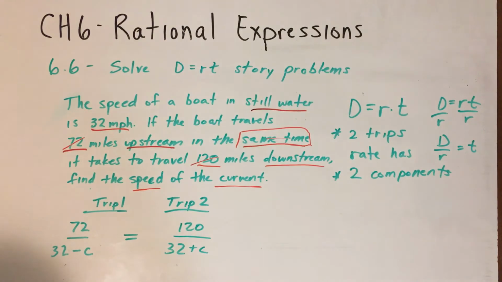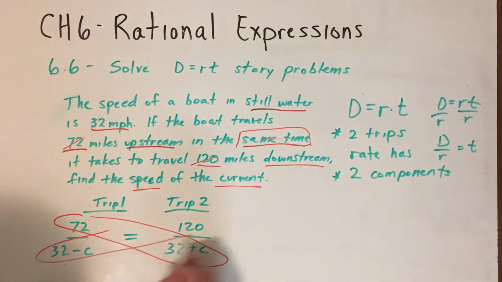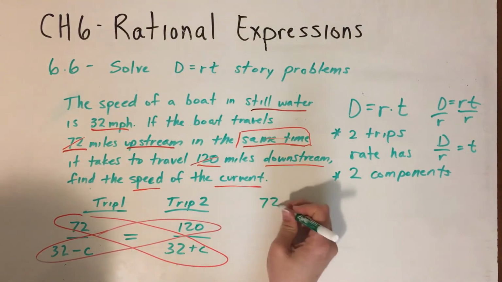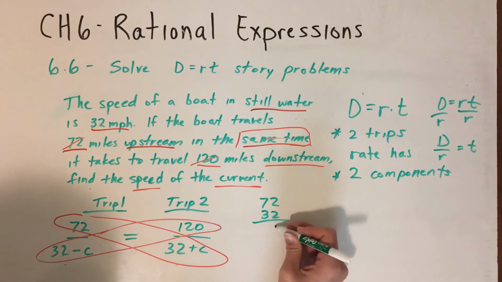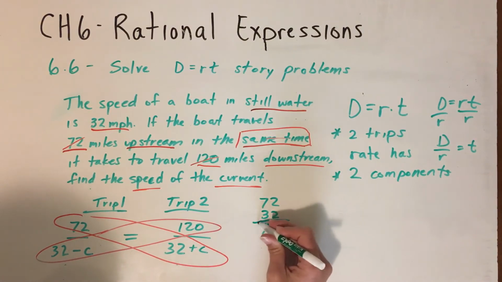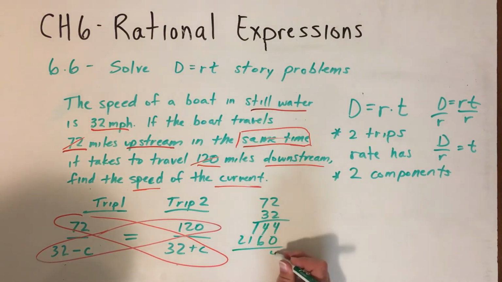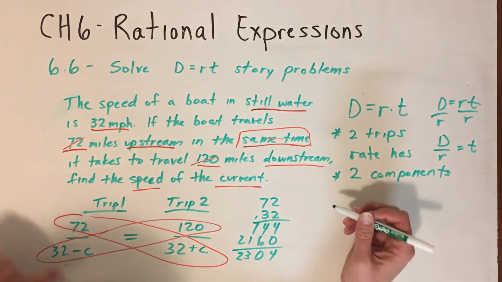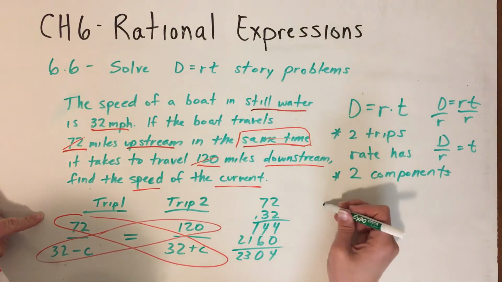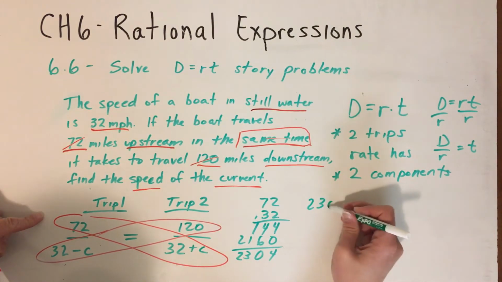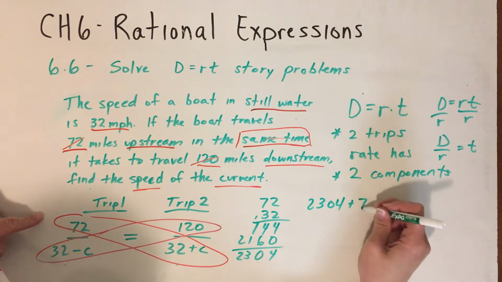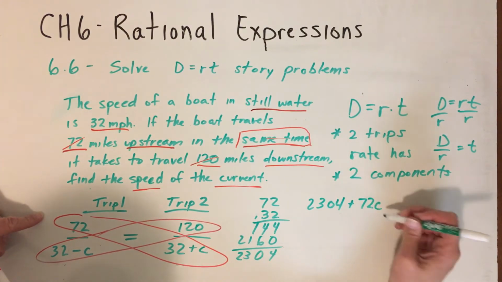Now that I've set this up, we are going to cross multiply, and we will get, let's do some quick math here. When I multiply 72 by 32, I get 2304 plus 72c.